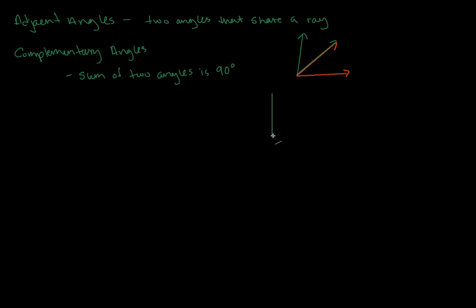You take a right angle, like this, and we can draw in our right angle like that. And then let's say we broke this up into two different angles, right? Maybe this angle here is, I don't know, let's say 35 degrees.